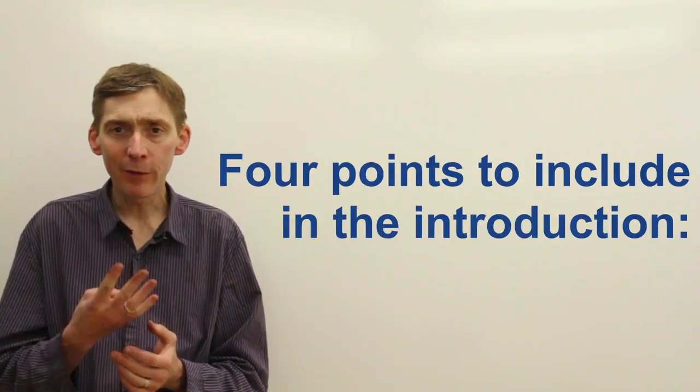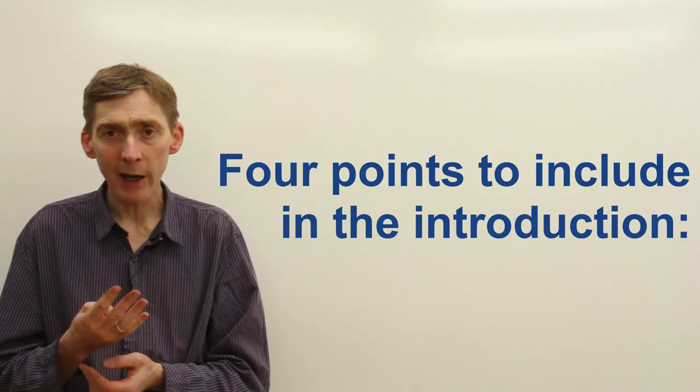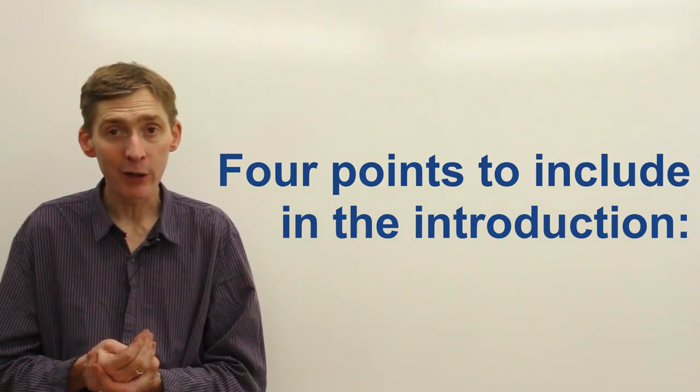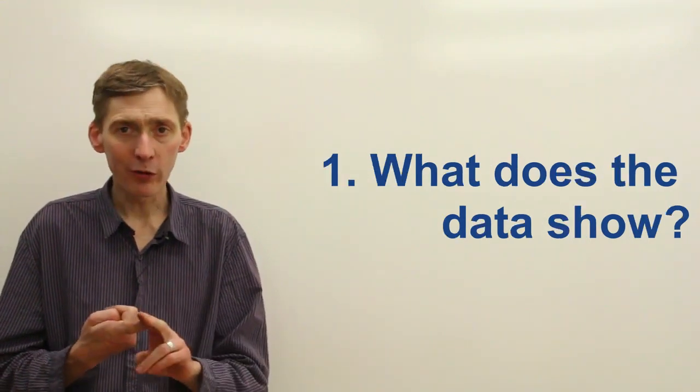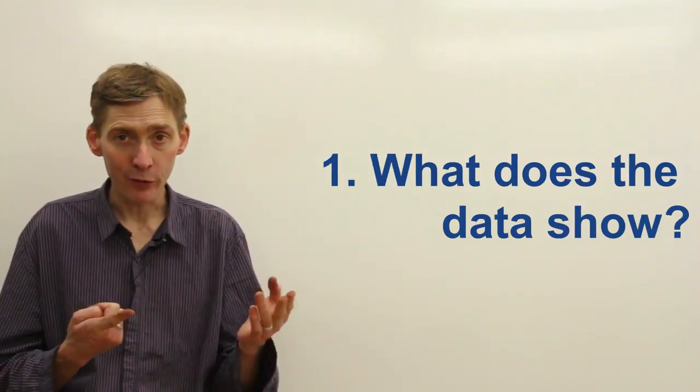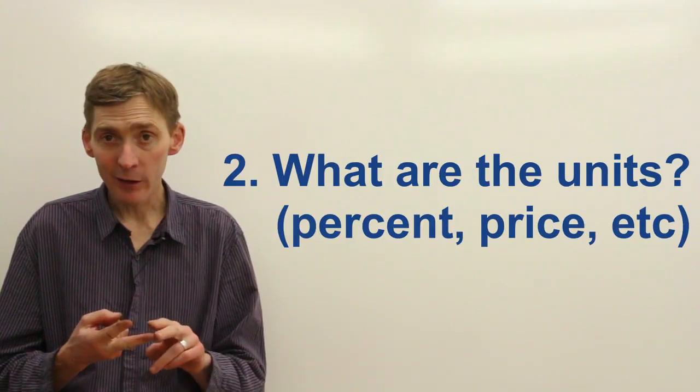So, as I say, we're focusing on the task 1 writing today, and we're going to look at the introduction first of all. Now, I always tell my students that there are basically 4 things which we can and should perhaps include in the introduction. Number 1. What does the data show, of course, and the units it tells you in.